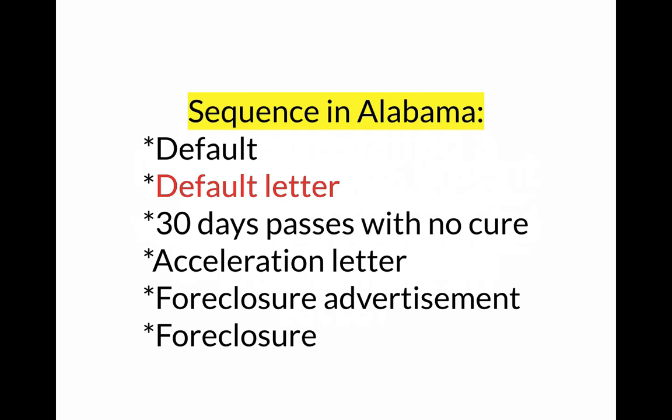Then I get this default letter, or notice of breach, or notice of intent to accelerate, notice of intent to declare default, breach letter, whatever the mortgage company calls it. I'm just going to call it the default letter. Then they have to give me a deadline that's at least 30 days away. I don't cure the default. Then they accelerate the loan, so it's all due now. Then they advertise it, and then they actually foreclose. That's the sequence in Alabama.